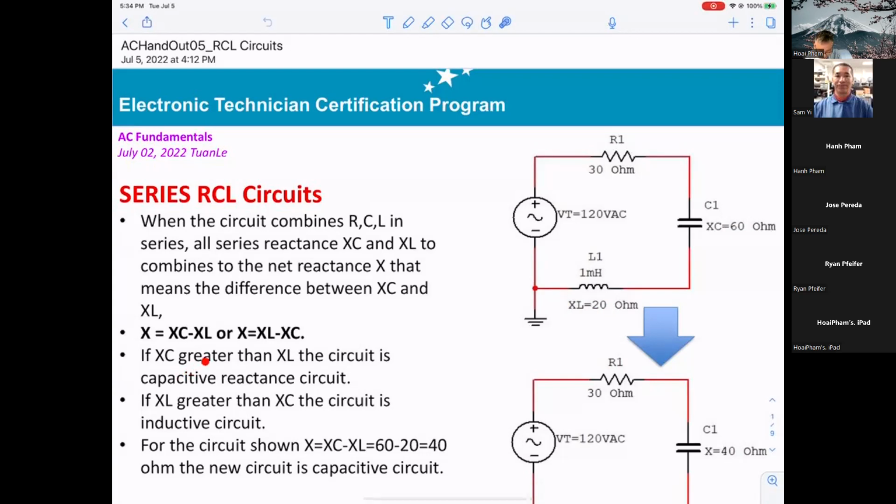If XC is greater than XL, the circuit is a capacitive reactive circuit. If XL is greater than XC, the circuit will be inductive. For this circuit, X equals XC minus XL, equal to 40 ohms. The new circuit is a capacitive circuit.